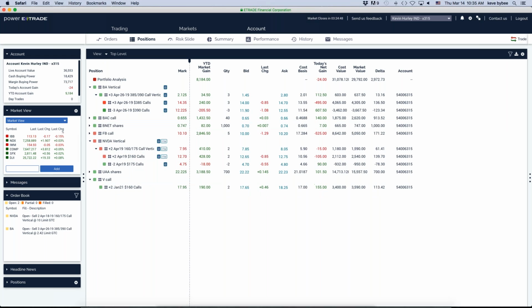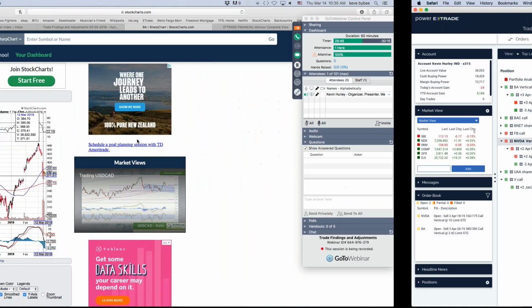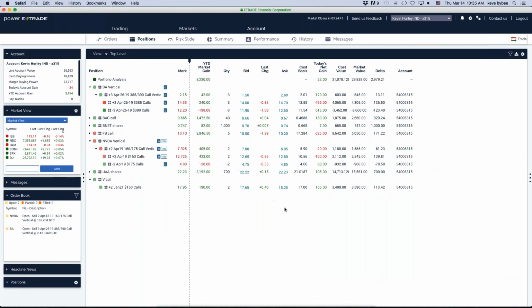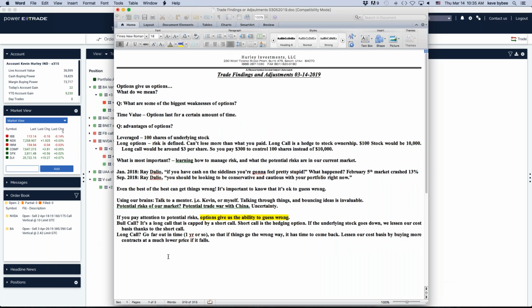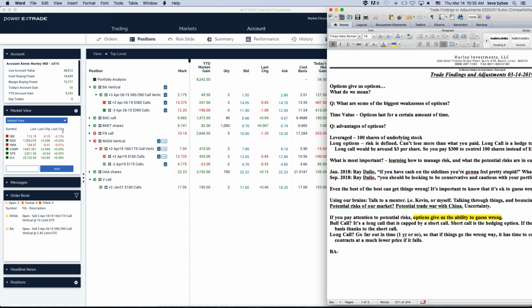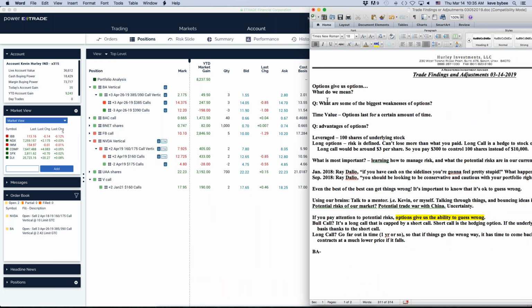Just to go through some math, let me bring my thing over here. Boeing. Cost basis on the long call.